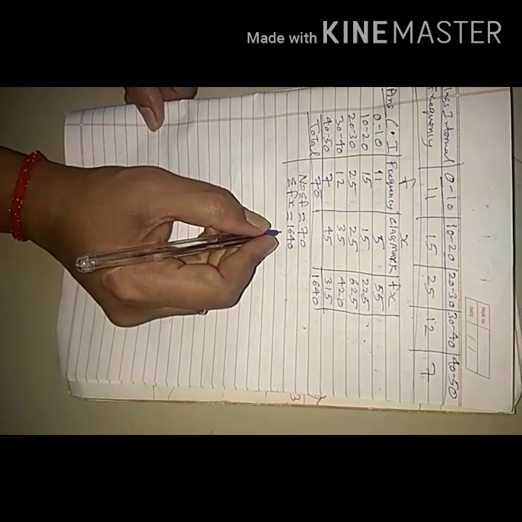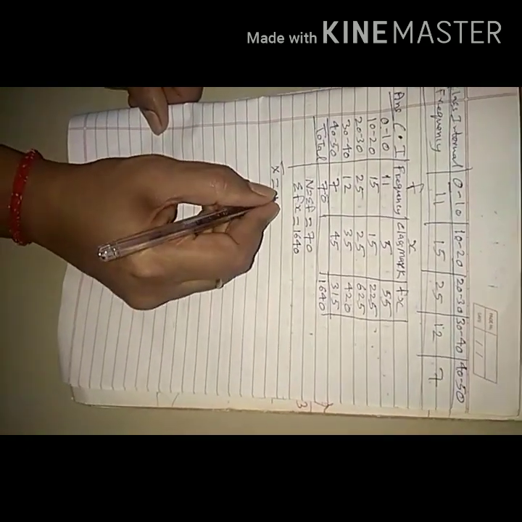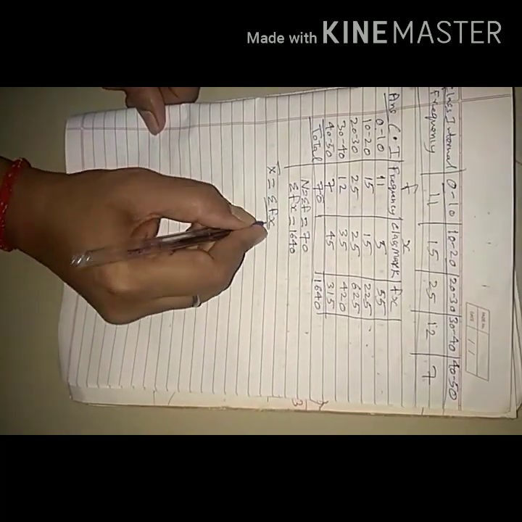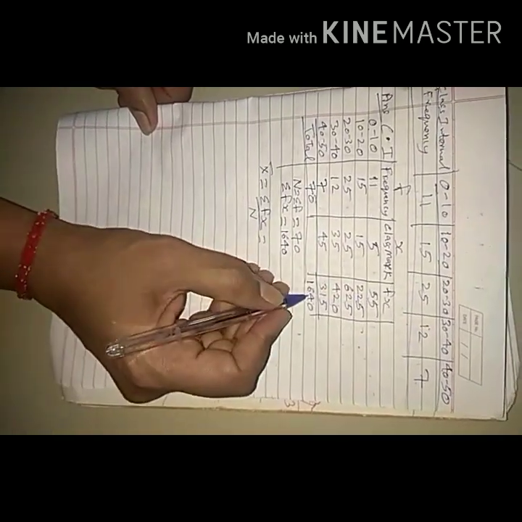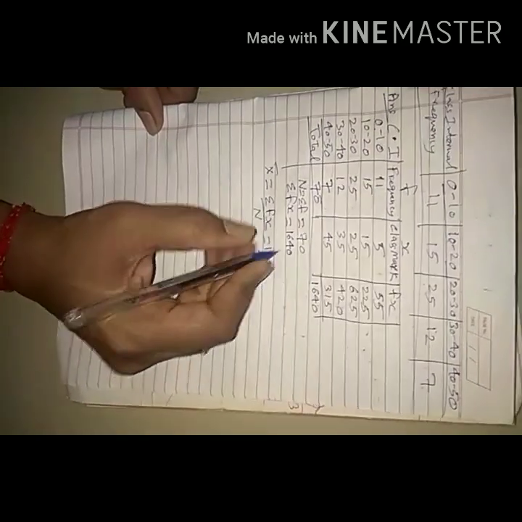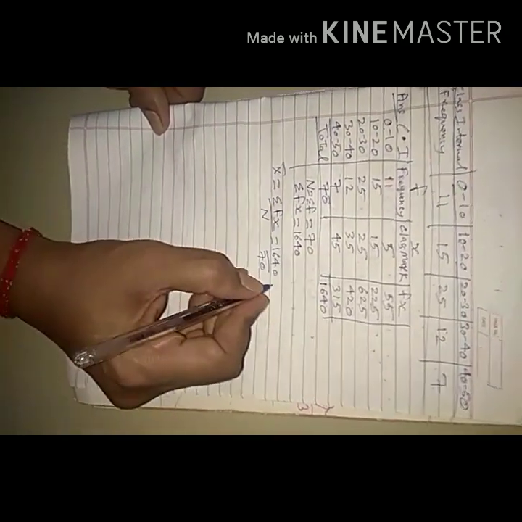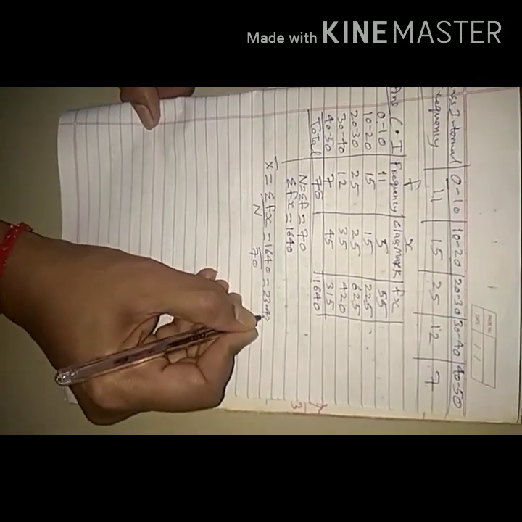I will always find the value of arithmetic mean first. X bar is summation of fx divided by capital N. Summation of fx is what? 1640 divided by summation f or capital N, which is 70. I will get here 23.4286.